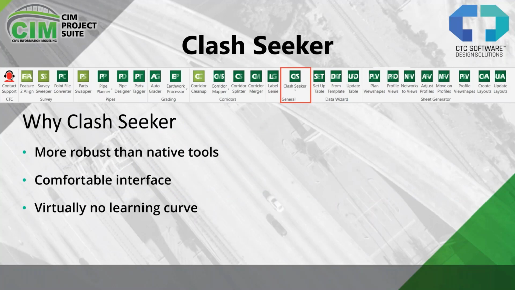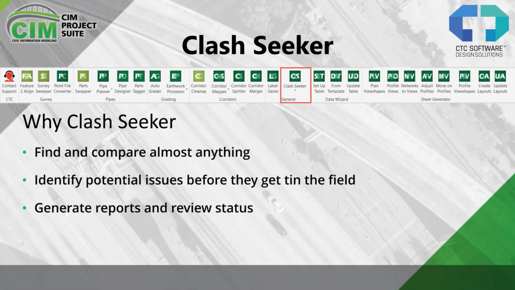So why ClashSeeker? It's more robust than the native tools. There's what I feel is a comfortable interface. Virtually no learning curve because it is so self-explanatory. We can find and compare almost anything.